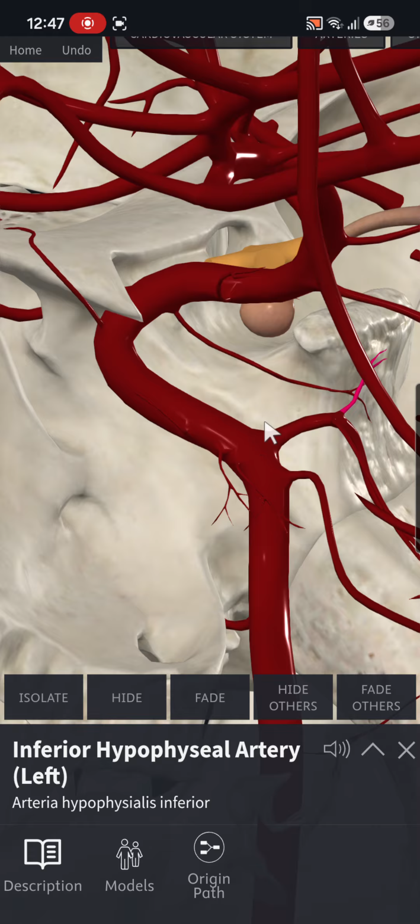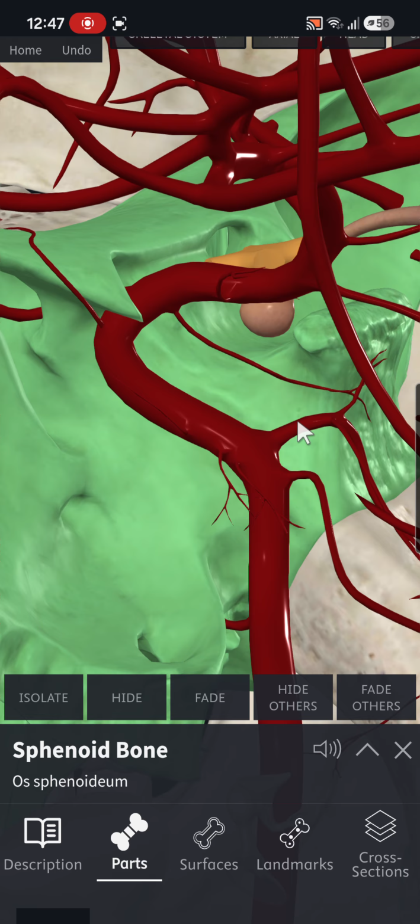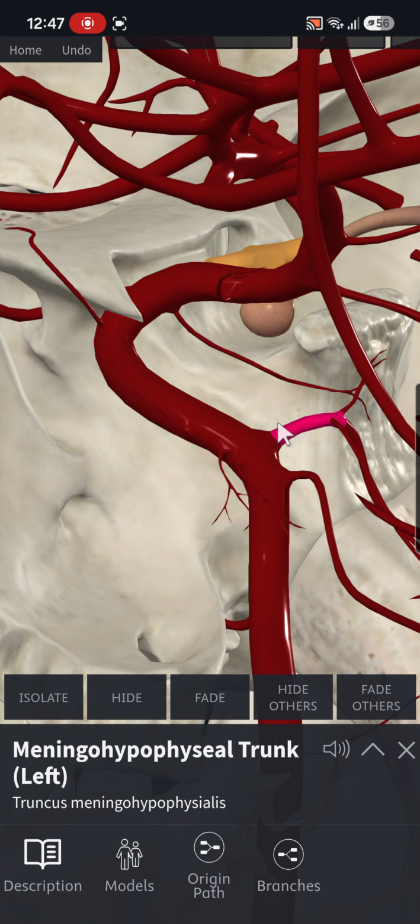Here we zoomed in a little, and there's a trunk from the cavernous segment. It's a meningohypophyseal trunk, so it gives off the two branches of the cavernous segment, which are the inferior hypophyseal and the meningeal, and it's clear from the name.